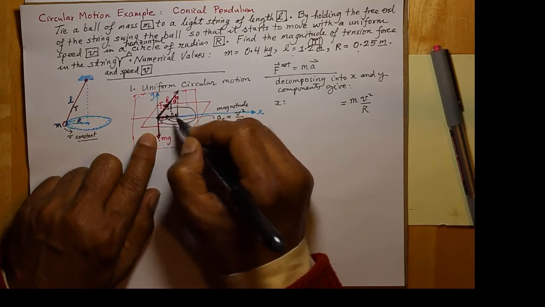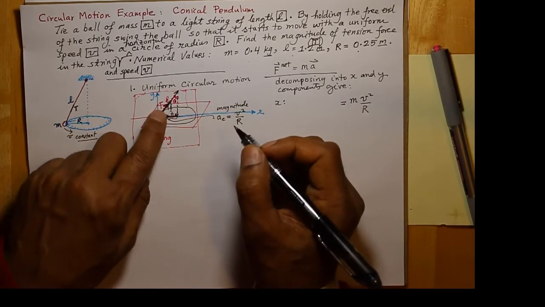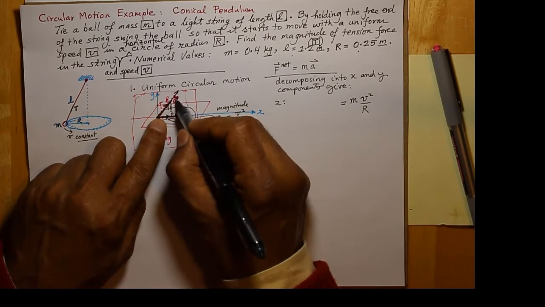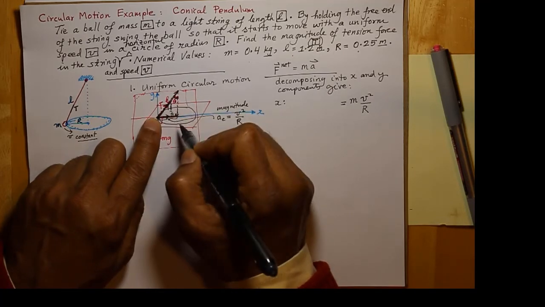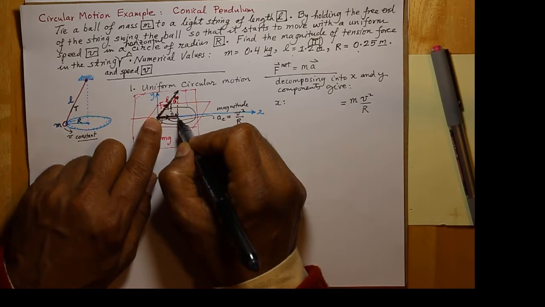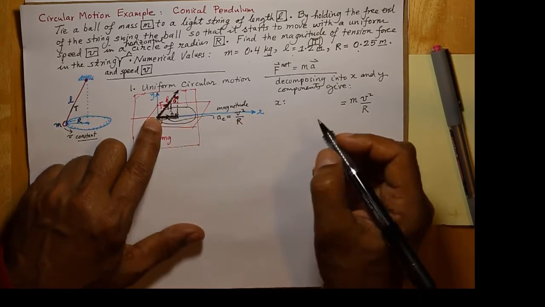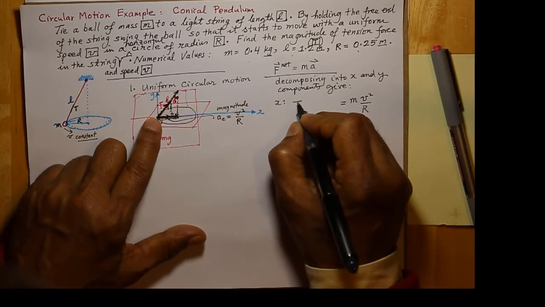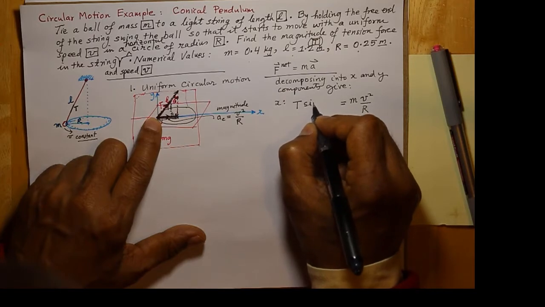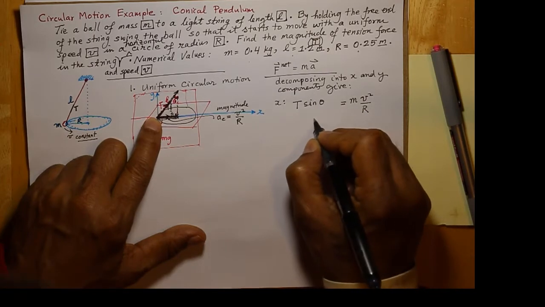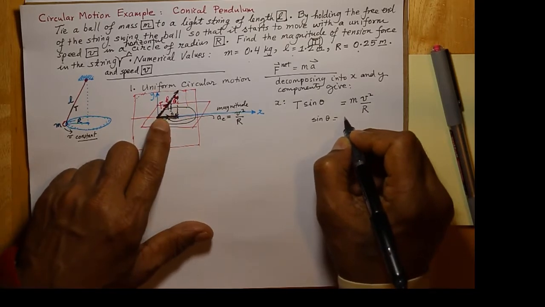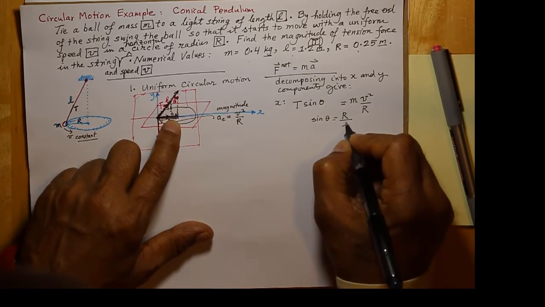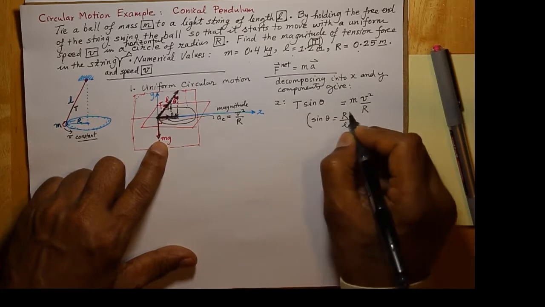So that's the amount I need for the tension. If this is the angle and the hypotenuse is capital T, then this side will be T times sine of theta, and sine of theta in this triangle will be R over L. So that we got.